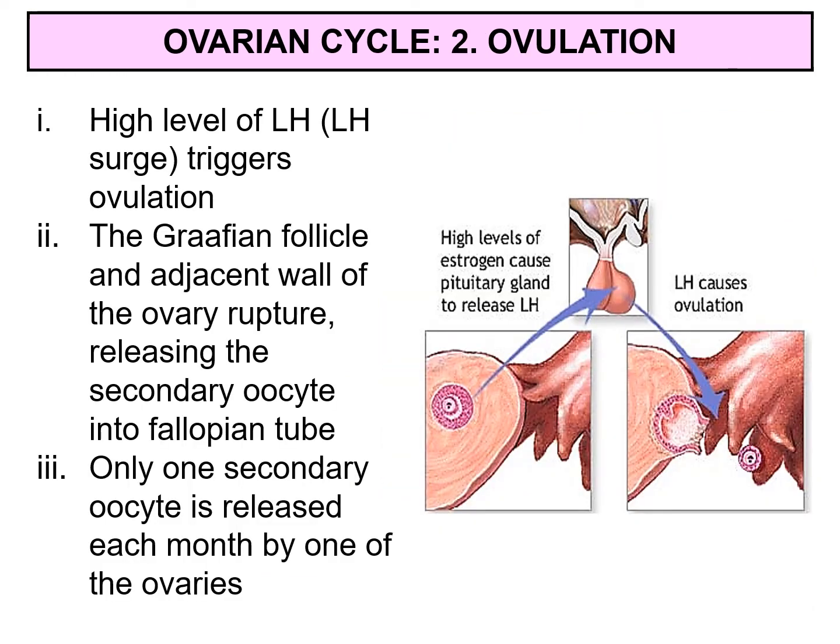The high level of LH will trigger ovulation. So the Graafian follicle will rupture and release the secondary oocyte into the fallopian tube.